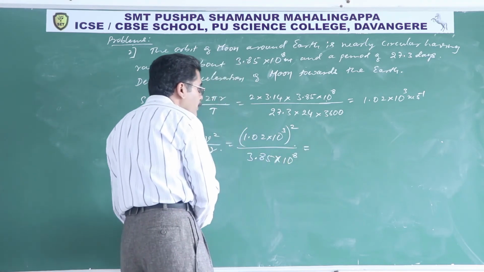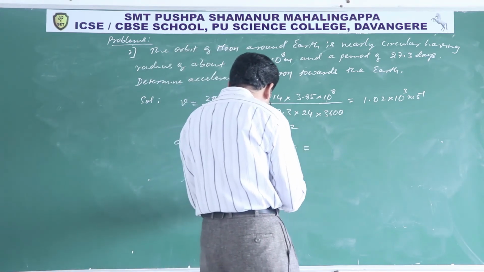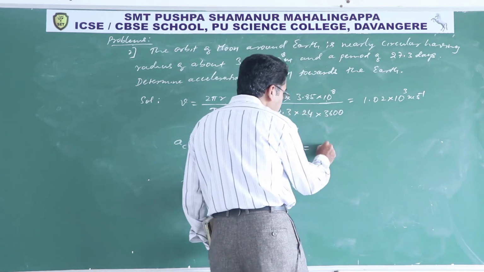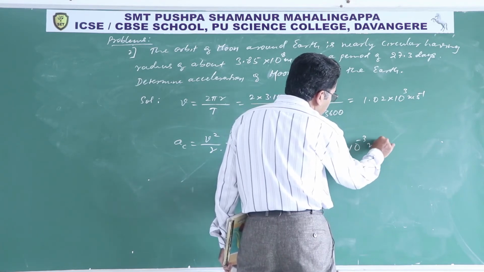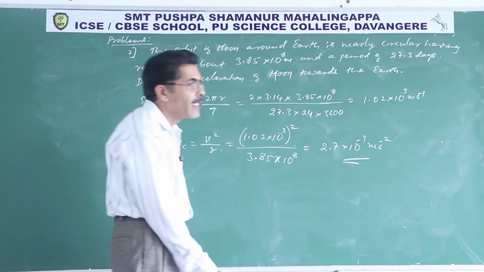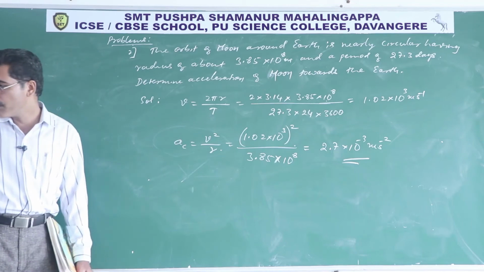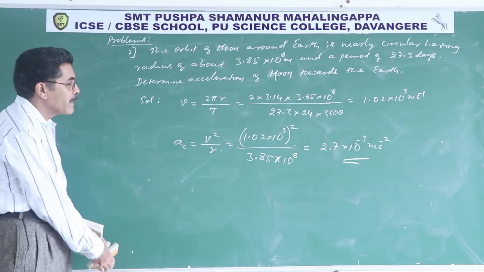Okay. On simplification, you are going to get 2.7 × 10^-3 meter per second square. See, this is the acceleration of the moon towards the center of the earth.